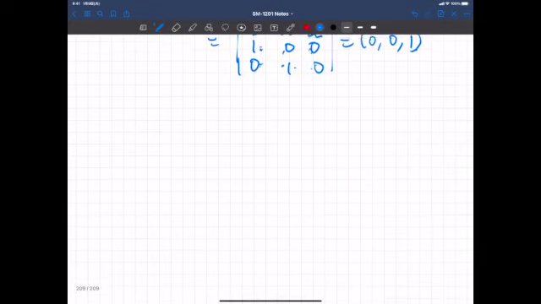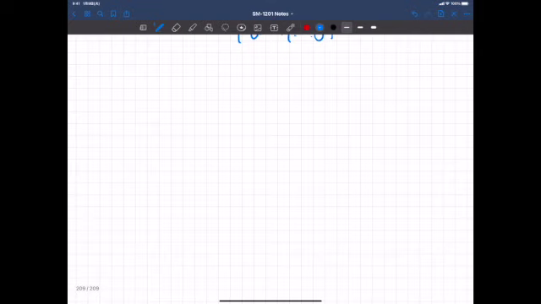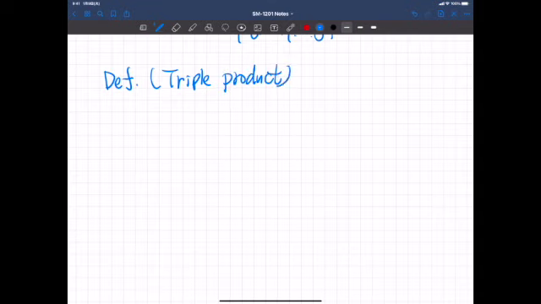Okay, now we define the triple product. Definition of triple product. This is actually easy. Let's say we have three vectors, A, B, and C, which are three-dimensional vectors.